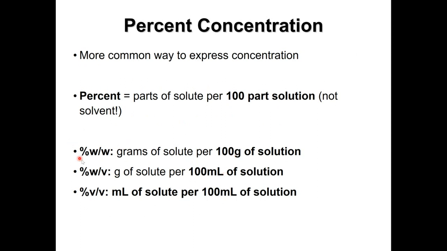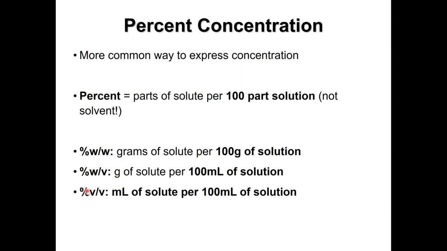So when it comes to percentage weight over weight, this gives information about how many grams of solute you need per 100 grams of solution. That's what it means. 3% weight over weight will mean 3 grams of solute per 100 grams, sorry, of solution. Instead, percentage weight over volume means grams of solute per 100 milliliters of solution. In this case, parts of solution are expressed in milliliters.